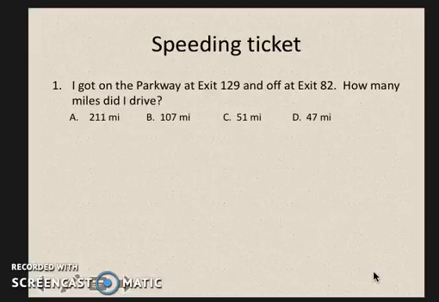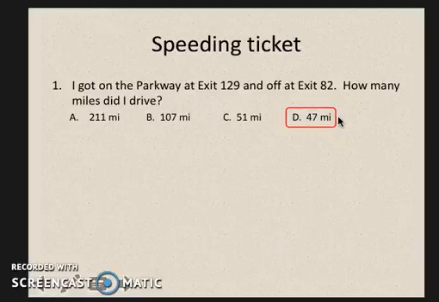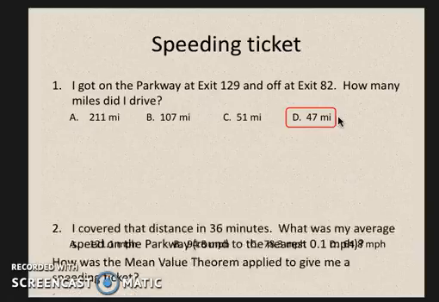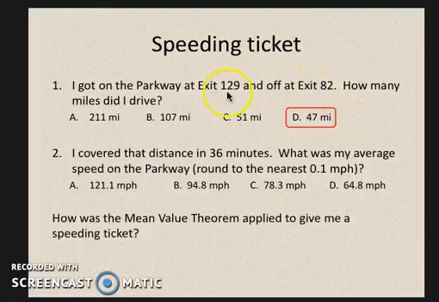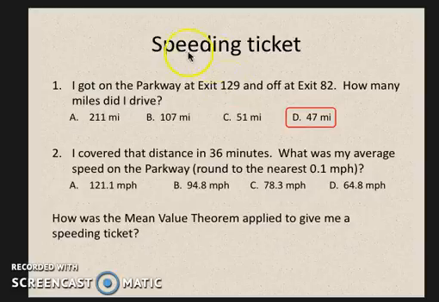Let's see. I got on the parkway at exit 129 and off at exit 82. That means how many miles did I drive? 47 miles. I covered the distance in 36 minutes, that's what is given in the problem. So what was my average speed on the parkway, rounded to one decimal place?